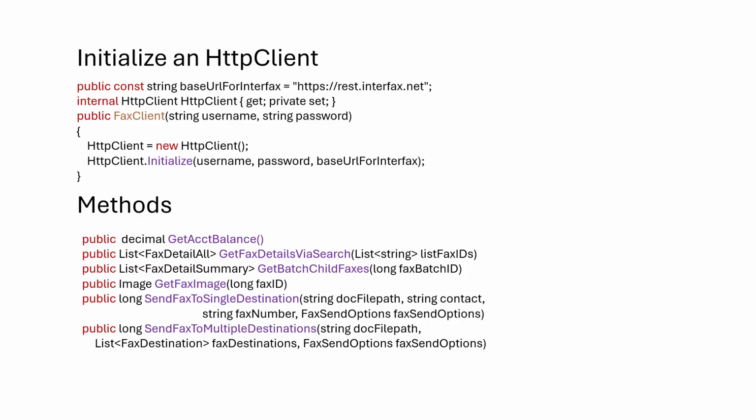If you send batches, you can get the batch ID to get all the faxes that belong to that batch. And it's broken down into sending a fax to a single destination, in other words, to just one contact with one fax number, or to multiple destinations. So we'll take a little bit more look at that here in 1 second.